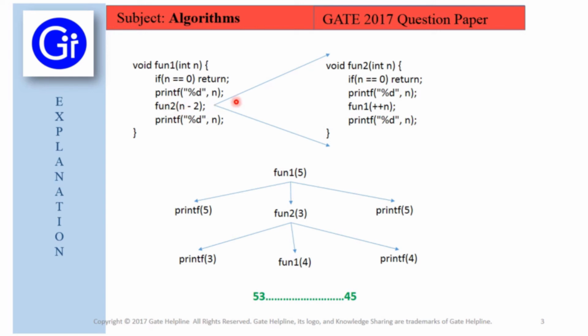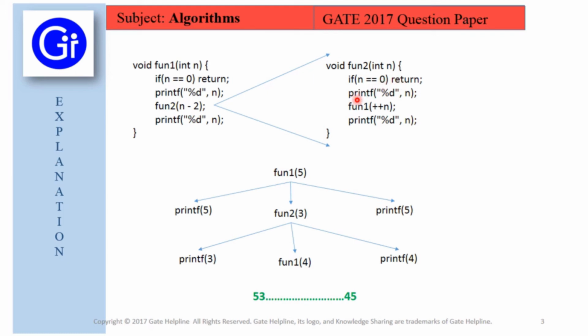Function 2 is a void function, which simply means it's not going to return anything. This function will simply execute and come back. In this function also, there is an if condition which checks if n equals 0. If that value equals 0, it will return.